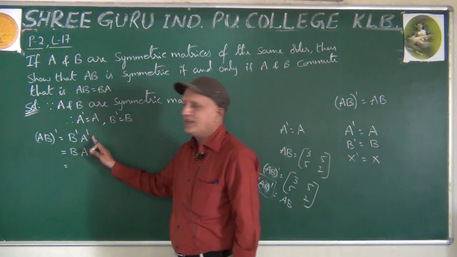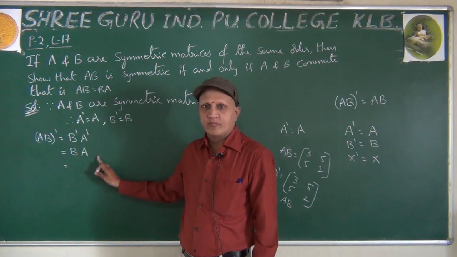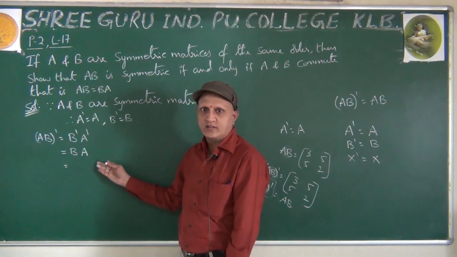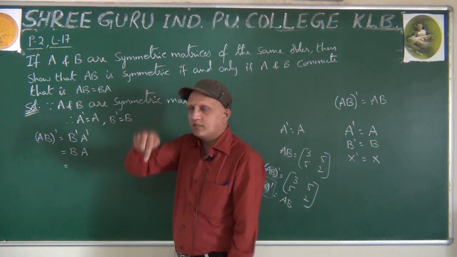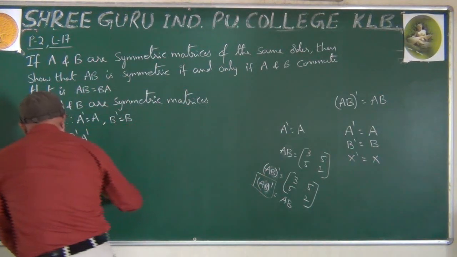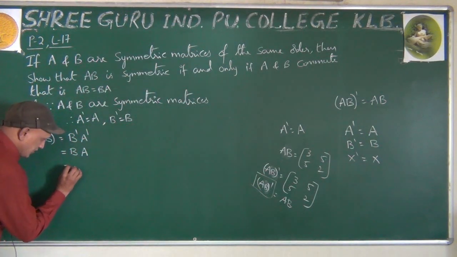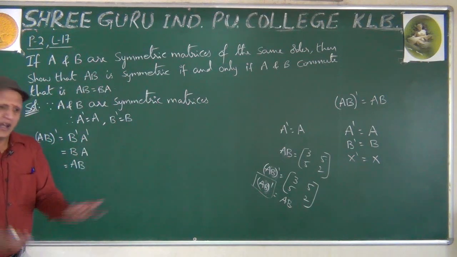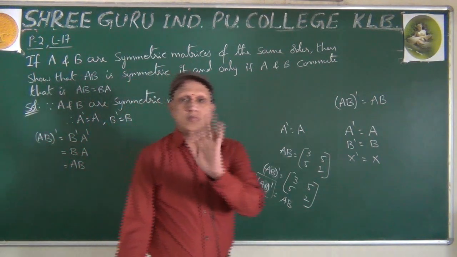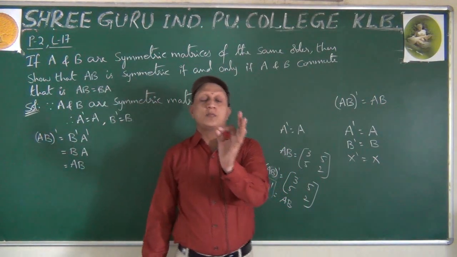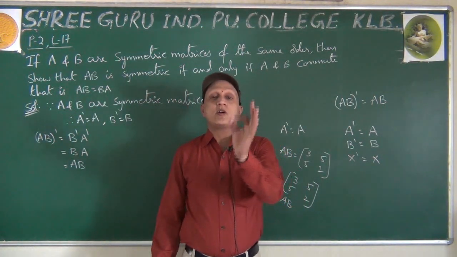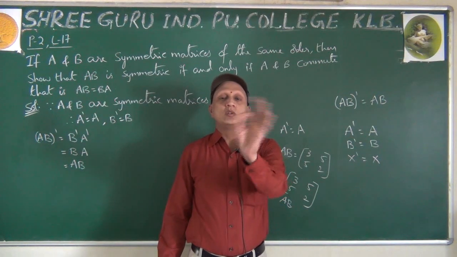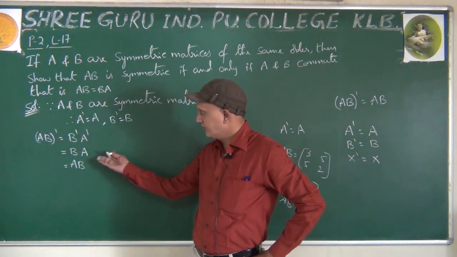So B dash means B, A dash means A. From here only we have written. We did not drop those things. BA equal to... Sir, BA equal to AB? No. In the matrix chapter, BA and AB both are not equal. Then how did you write?